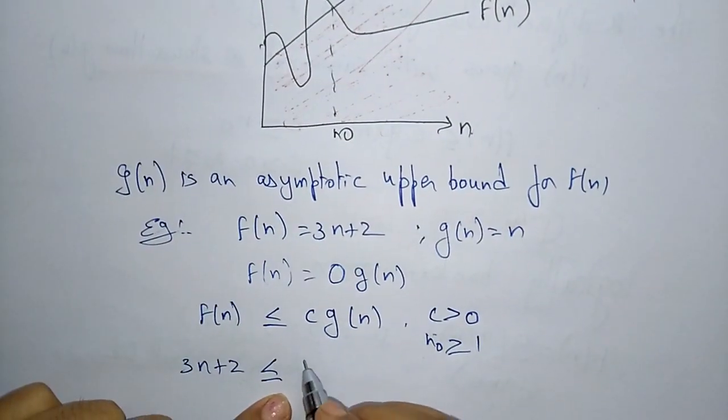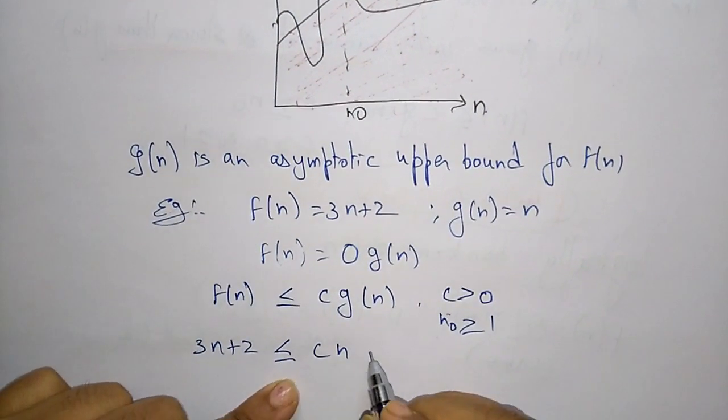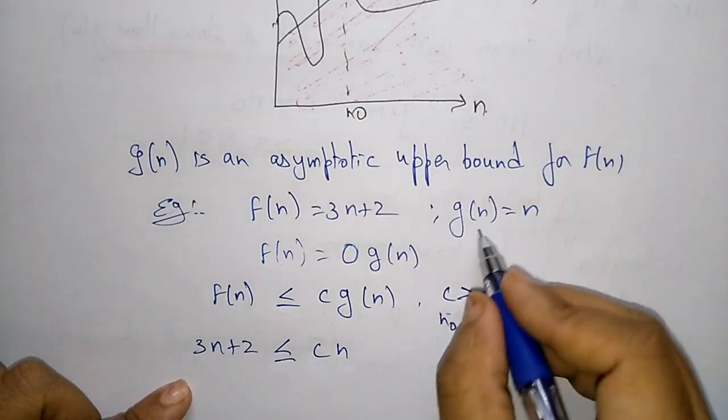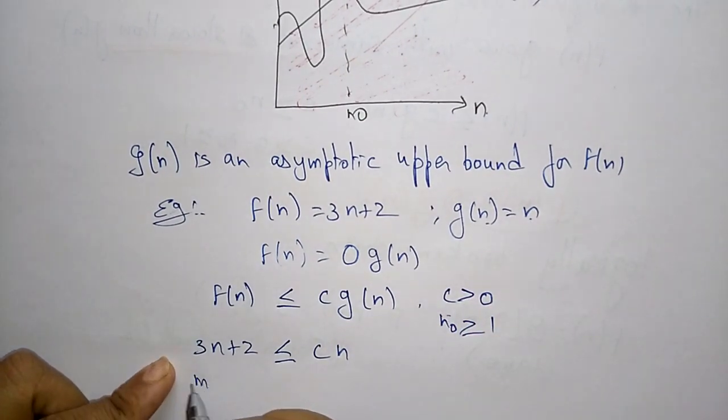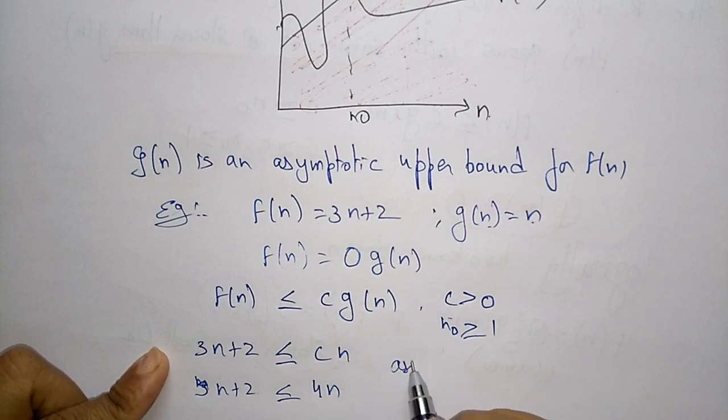So I am taking c as 4. Assume c as 4. I am writing c g of n in place of g of n, so 3n plus 2 is less than or equal to 4n. Assume c is equal to 4 because it is upper bounded.